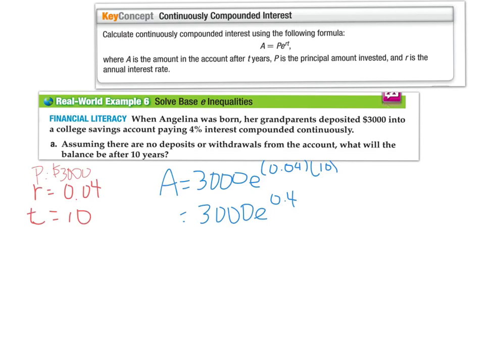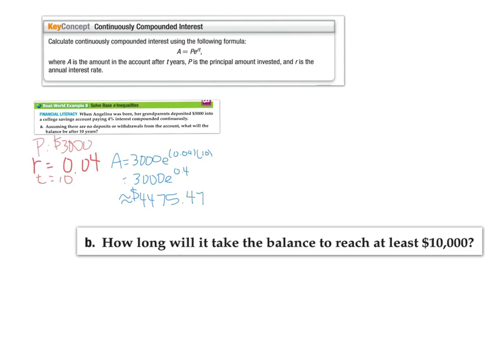Then use a calculator and remember to do order of operations, because exponents come before multiplication, and we will end up getting just about $4,475.47. So after 10 years compounded continuously, we have about $4,475 in the account.